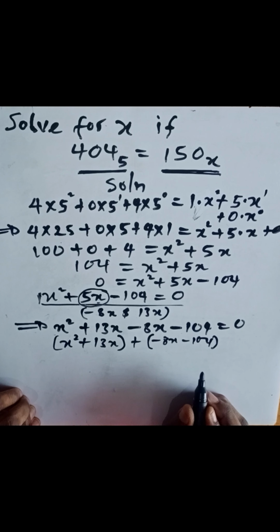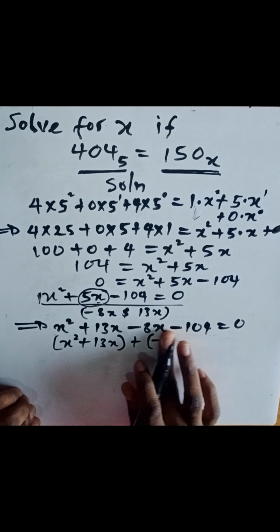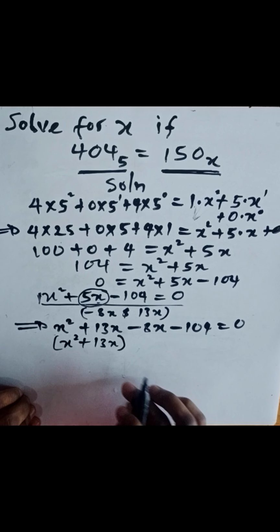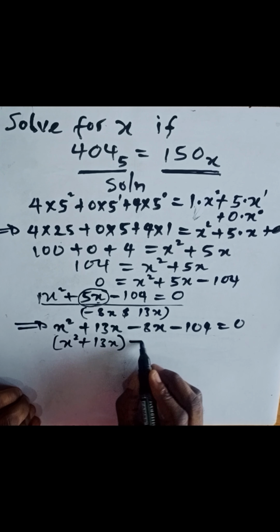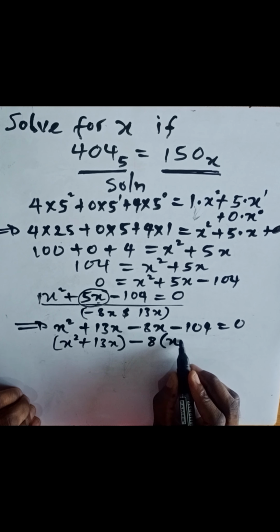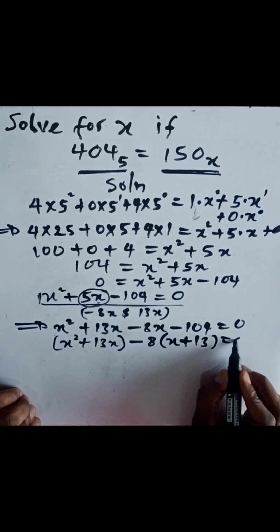But that's still wasting our time, because there is something common here. If you take minus 8 out, you have x plus 13 equals 0.